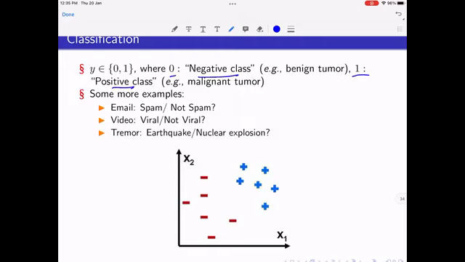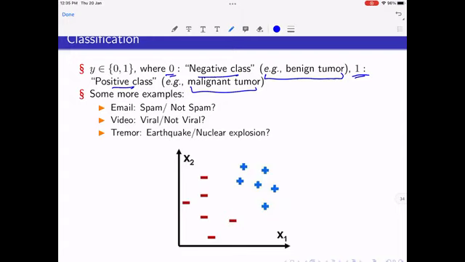For example, a negative class can be a benign tumor. You have some tumor data, maybe images or size, anything, and you are getting the labels, that this data is for a benign tumor, and the other is a malignant tumor. So you label the benign tumor as 0 and the malignant as 1.